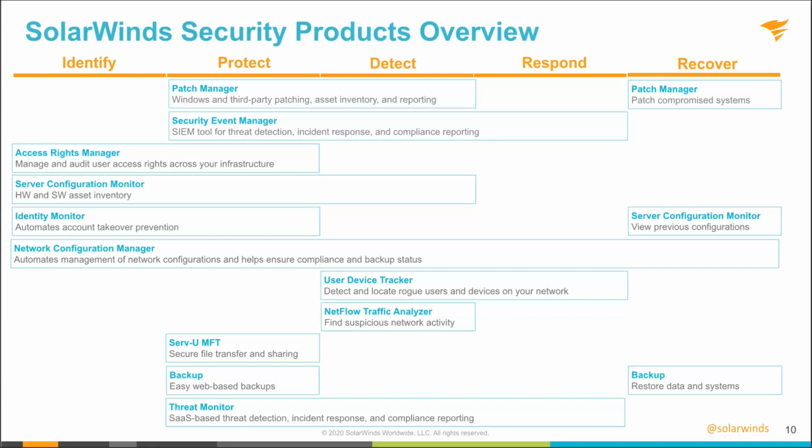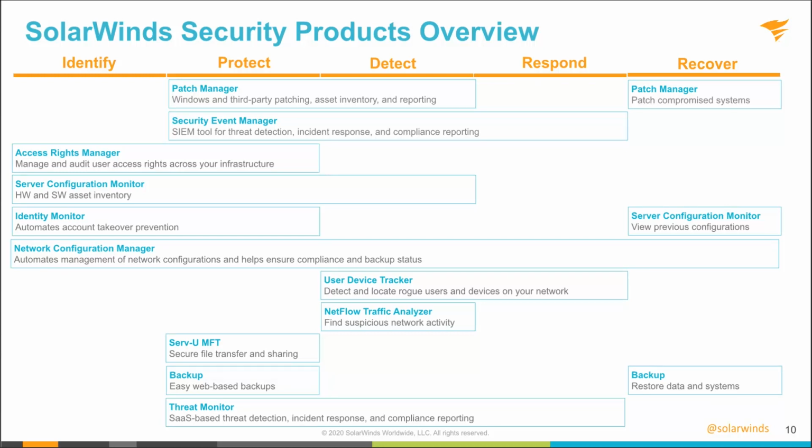Now, this is kind of good information in here. Like I said, the different areas that they cover give you the ability to identify, protect, detect, respond, and recover your infrastructure. We just like to give you a quick visual because we do have a lot of customers that already have some of our tools, utilize some of them, or have seen some in the past. As I mentioned, we're going to be covering the Patch Manager, which covers protect, detect, and recover.